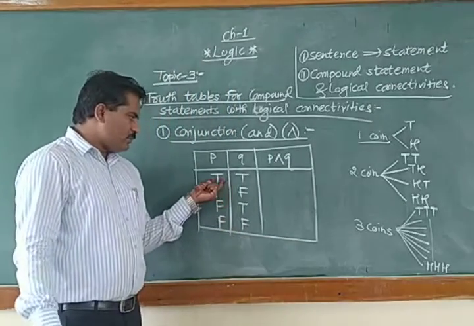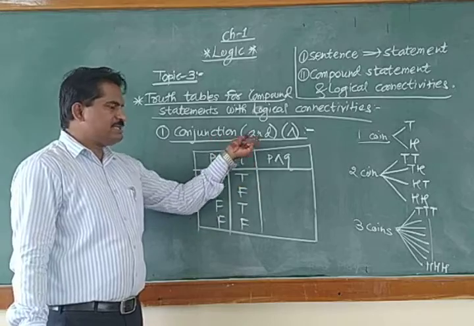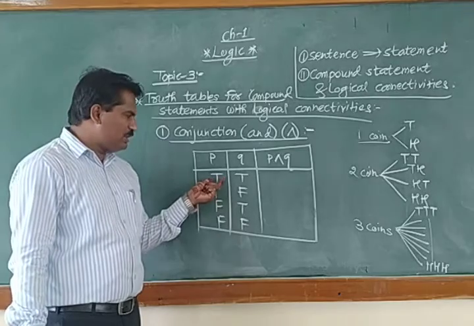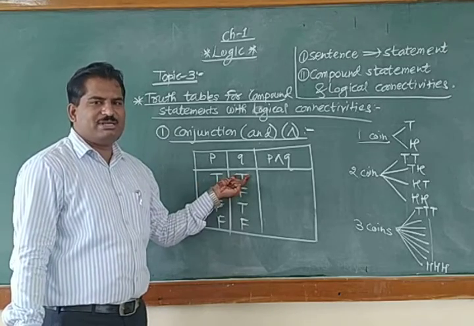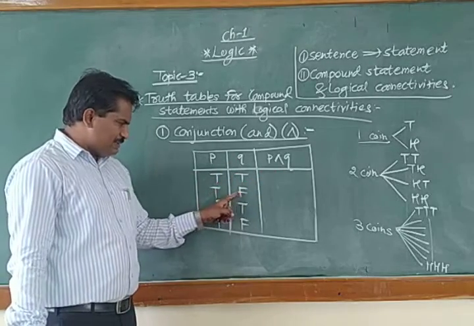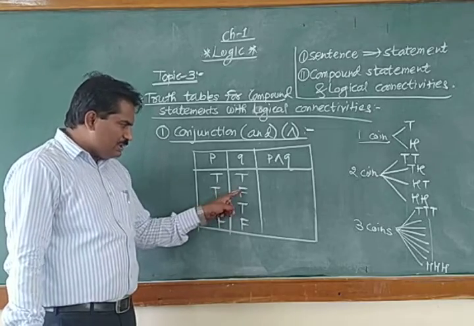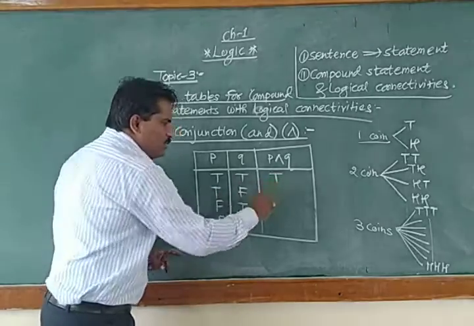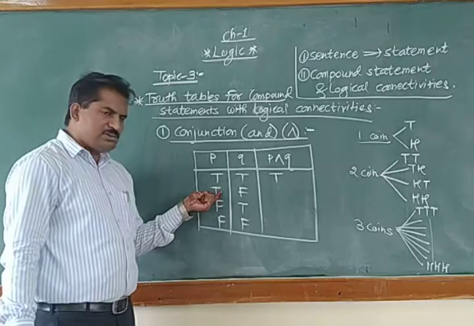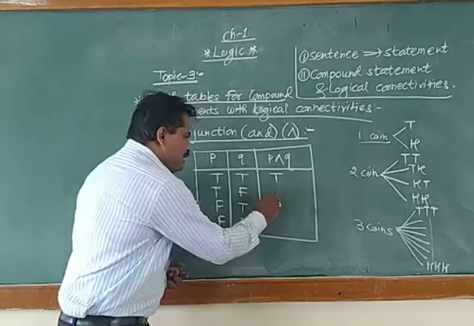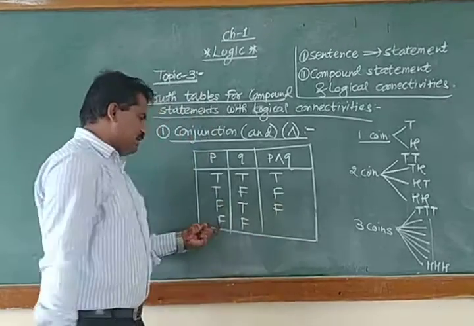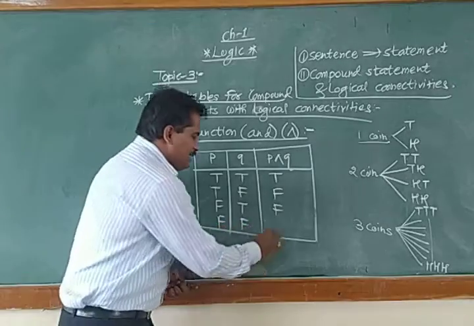Therefore, by using conjunction 'and', if both are true, then it is true. Otherwise, it is false. In the first case, both are true, therefore it is true. In the case where the first is true and the second is false, it is false. False, true, it is false. Lastly, false, false, it is false.